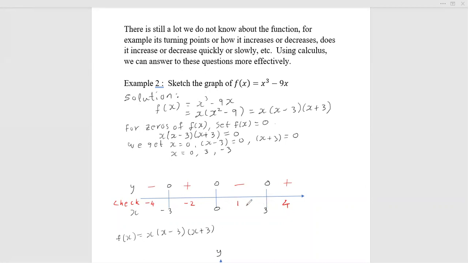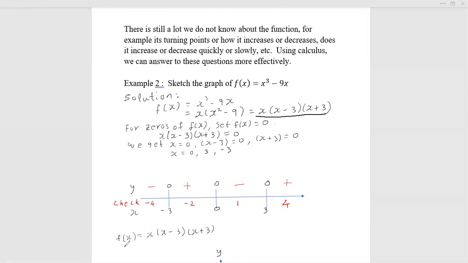Between 0 and 3, I use 1. More than 3, I use 4. When you substitute these check numbers, negative 4 and so on, into the factored form of the function, I wrote it here for convenience.